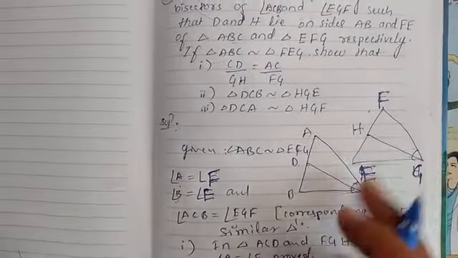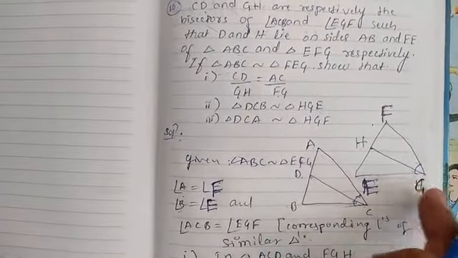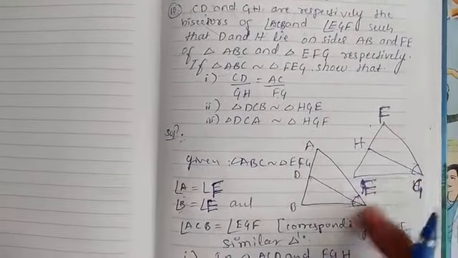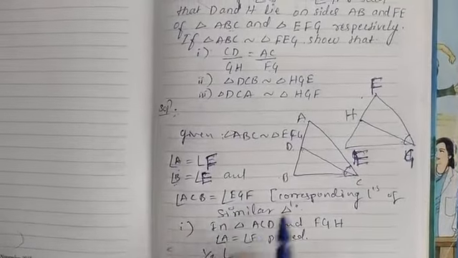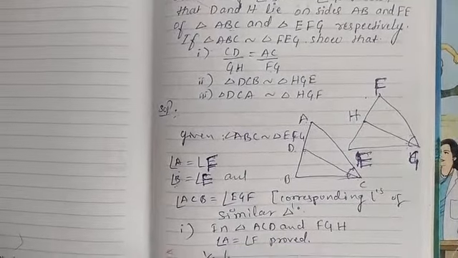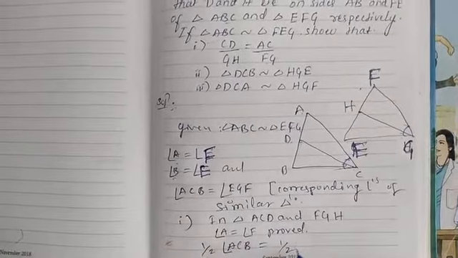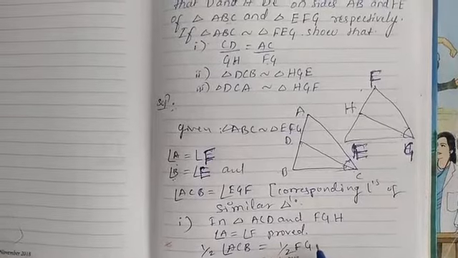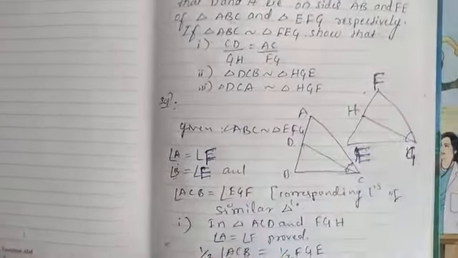Next, one more angle. They have given the bisectors, both angles are equal, meaning bisector. So half of angle ACB is equal to half of angle FGE. Correct, children? Half of ACB means which angle here?